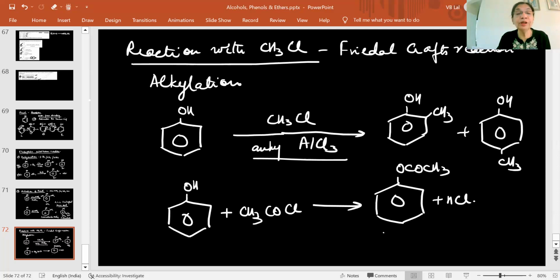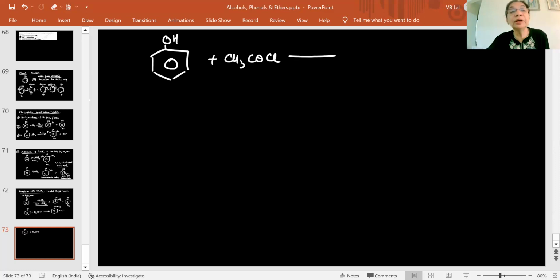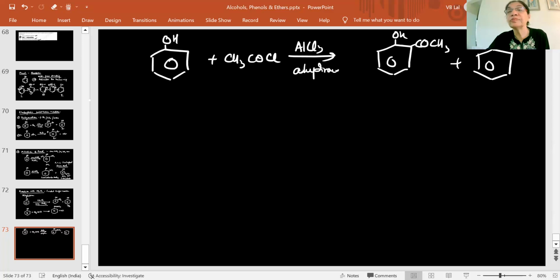But if I do the reaction in presence of AlCl3, this is very important to understand. If I take OH and do CH3COCl in presence of anhydrous AlCl3, then I will get OH and COCH3 on the ortho or on the para position: orthohydroxyacetophenone and para-hydroxyacetophenone.